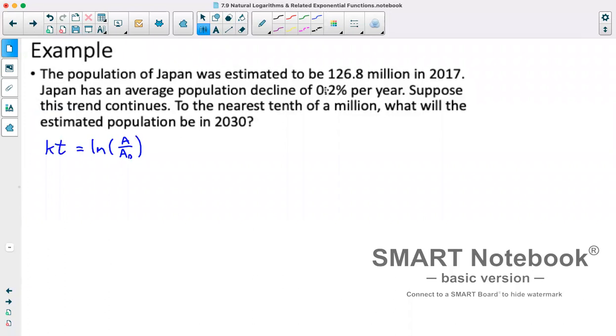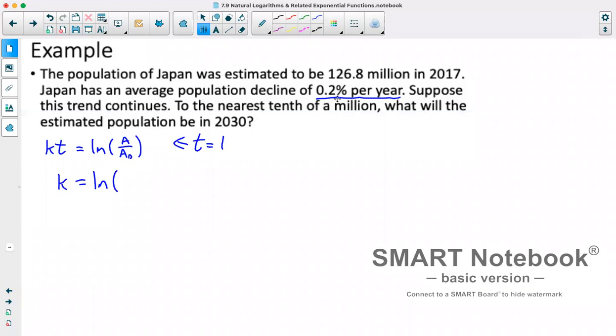Now, in this case, because they've given us a rate per year, for this equation we can use a time of 1 year. So time of 1 times k is just k, equals our natural logarithm of, essentially, the ratio of our present population over our past population.